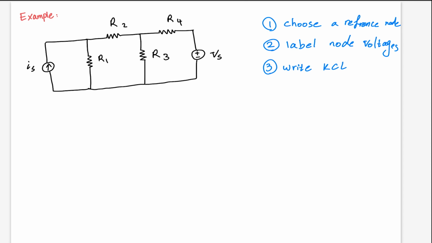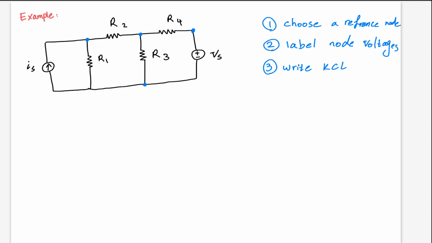Okay, so let's look at the circuit and see what the nodes are. So we can say that this is our first node, this is the second one, this is the third one, and also we can say this is the fourth node. But we can contract it into a single point, because they are all at the same voltage, so we can say this is our fourth node.